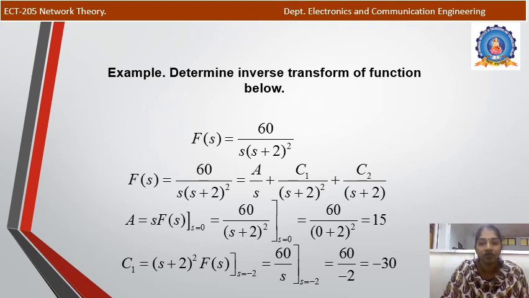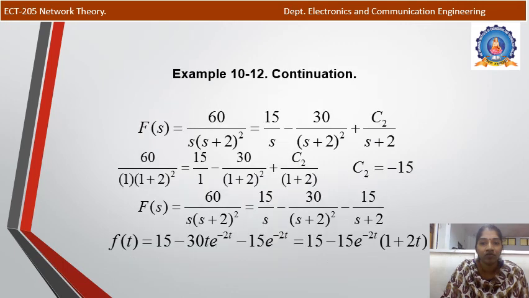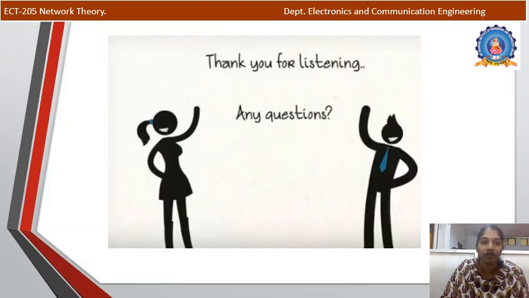And C2 we get when we substitute s equal to 1, so we get the C2 value as 15 minus 50, and from that we can find the inverse Laplace transform. Okay, thank you.